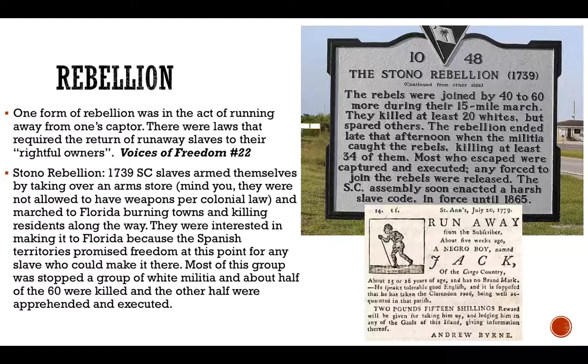Most of these rebellions were not particularly successful, but a group of white militia met up with them, and about half of the 60 people who were marching were killed, and the other half were arrested and executed.